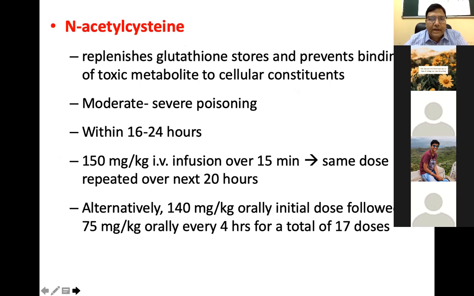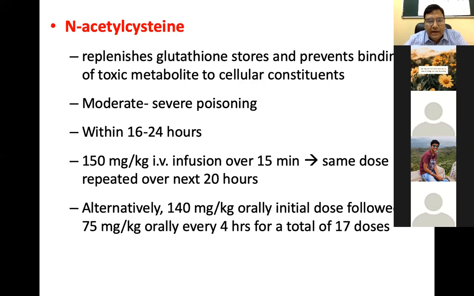What it does, it replenishes the glutathione stores and prevents the binding of the toxic metabolite to the liver cellular constituents. So it will prevent the necrosis of the hepatocytes, and it is used in the moderate to severe poisoning, and we have to administer it within 16 to 24 hours of the poisoning, and it can be given by IV infusion as 150 milligram per kg over 15 minutes, and the same has to be repeated for the next 20 hours.